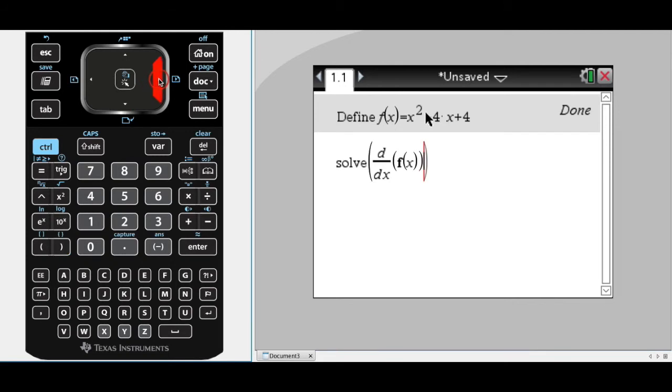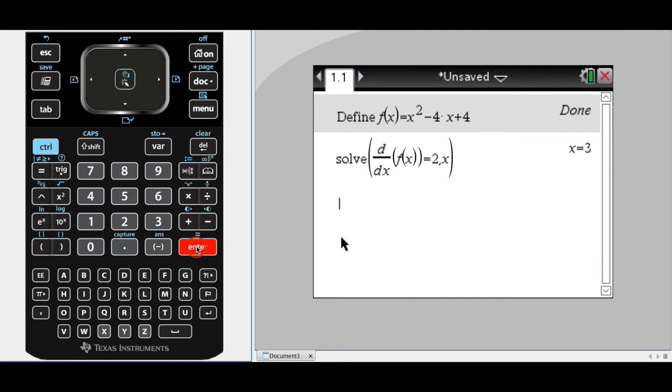Okay, so firstly what we can see there is that I'm working out the derivative of f of x, and I want the derivative to equal 2. And now I need to tell the CAS calculator that I'm solving for x. And if we move out there, you can see the syntax. Hit enter, and you can see I produce x equaling 3.